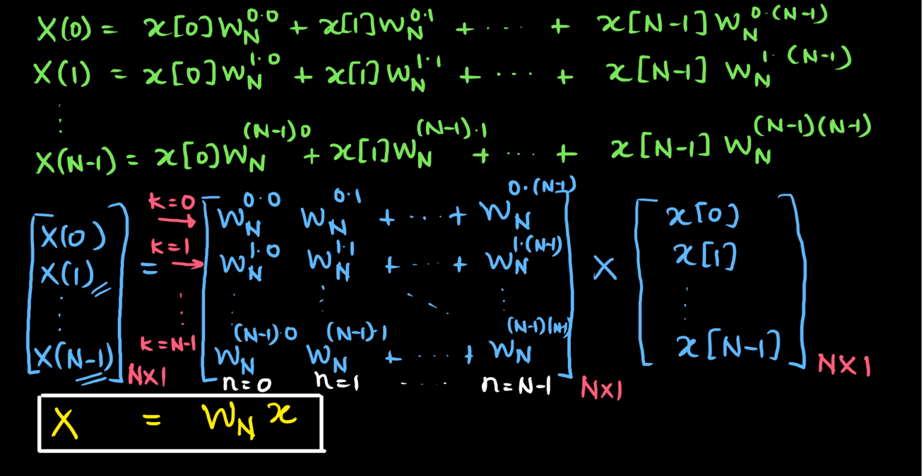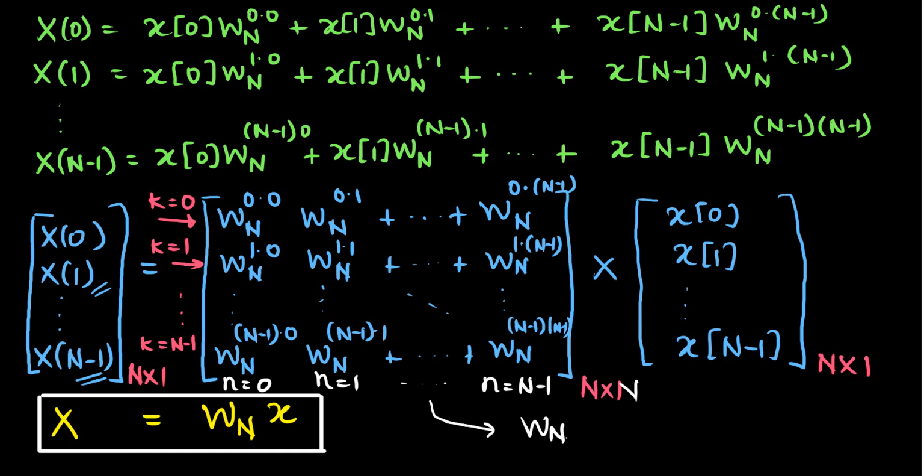So this is the matrix Wn, which is n cross n dimensional. So we have the matrix representation for this analysis equation as the vector X, which is given as Wn, an n cross n matrix, multiplied by this vector x.